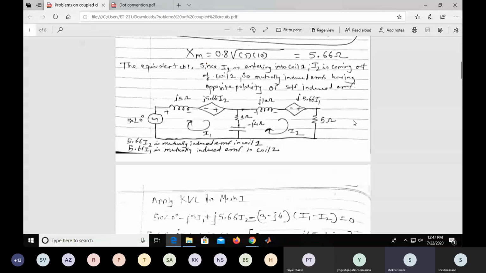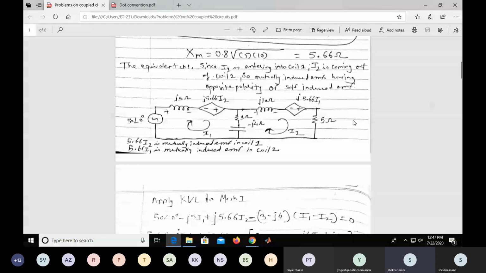Now you can see here, since I1 is entering into coil 1 and I2 is coming out of the dot of coil 2, the mutually induced EMFs have the opposite polarity of the self-induced EMF.